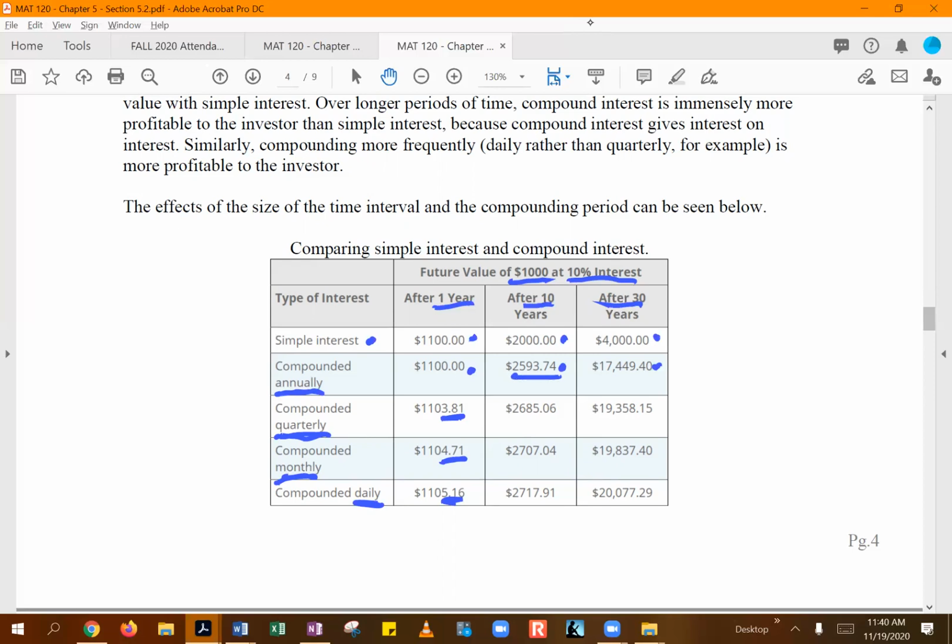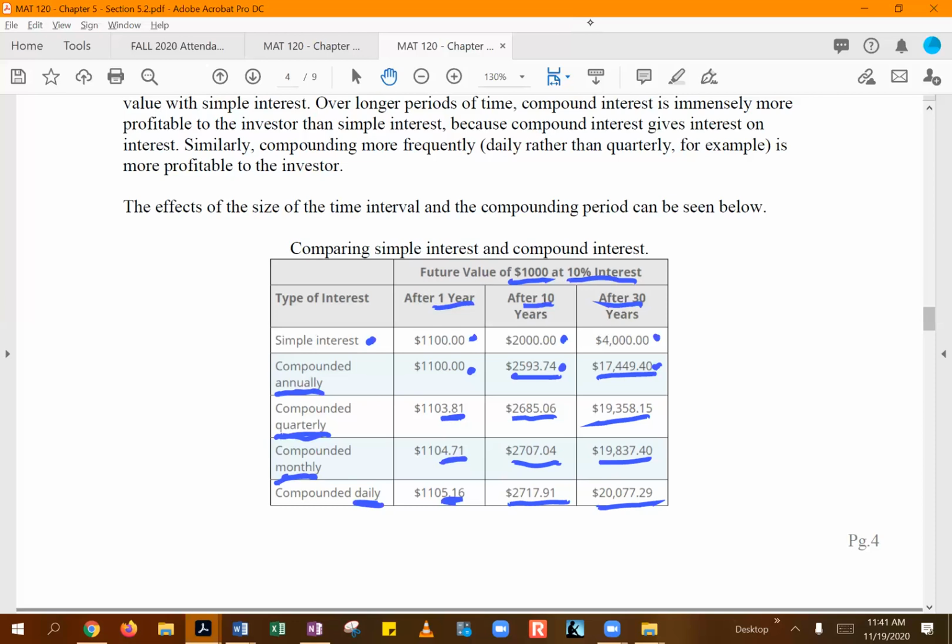Now look at these dollar amounts after 10 years. So we had 2,593 over here. This is now 2,685, 2,707, 2,717. So again, money keeps growing. 30 years is going to be the most significant. We went from 17,500 almost to 19,358, 19,837, and look at that, compounded daily at 30 years, $20,077.29.